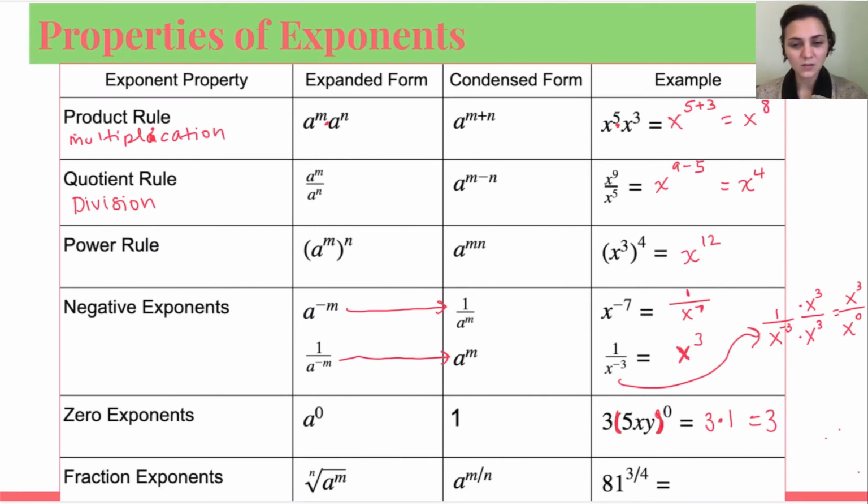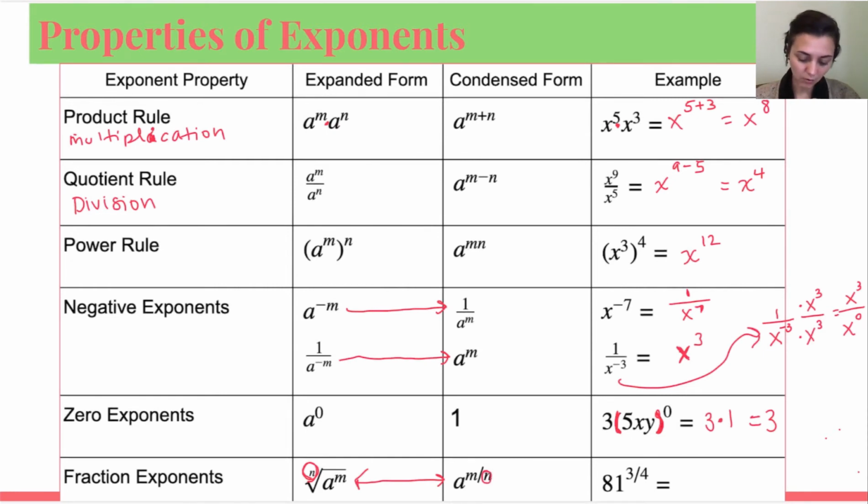And then the final new thing are fractional exponents. Neither of these are really better than the other. It kind of just depends on what you're doing. So both of these ways of writing exponents are good. But basically, this is showing you that if you have an nth root or some sort of root, it's like having a power that's a fraction.